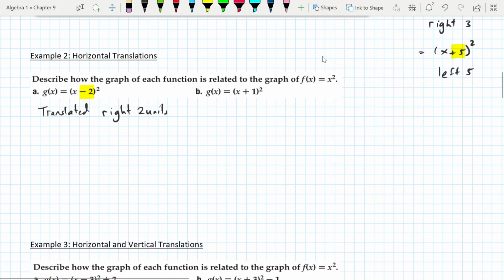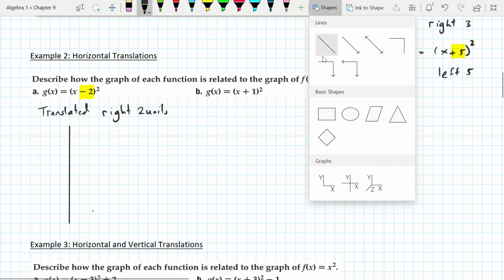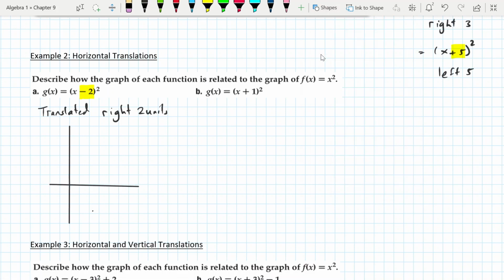Now, what does that graph look like? So there's my y-axis, here's my x-axis, and I'm going to go a little bit slower this time, and I'm going to draw the original in blue. So this is my original quadratic.